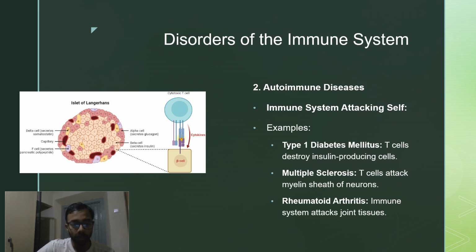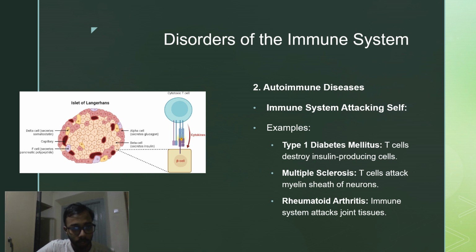There are two types of diabetes mellitus, type 1 and type 2. Type 1 diabetes happens in young individuals, in their childhood or their 20s. Type 2 is more common in adults and elderly people. Type 2 is the common type, and type 1 is a bit rare. In type 1 diabetes, the T lymphocytes go and destroy the insulin-producing pancreatic beta cells.